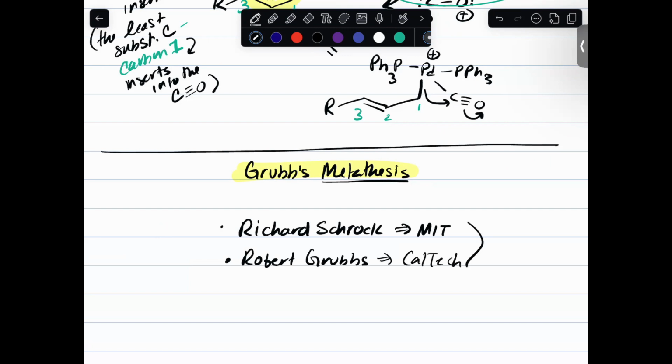And again, they won the Nobel Prize in Chemistry in 2005. Which again is pretty amazing because the Nobel Prize in Chemistry is typically given to a biochemist. And so for someone in organometallics to win it is pretty amazing.